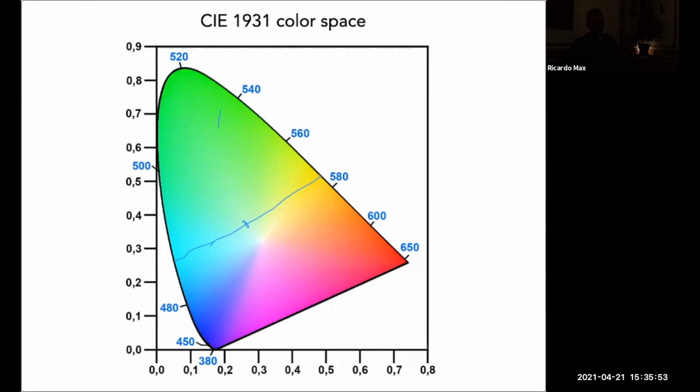If you add this light with double intensity together with this light, we will perceive this color here. If you add a third light from here, then we will perceive the epicenter of this triangle somewhere around here.